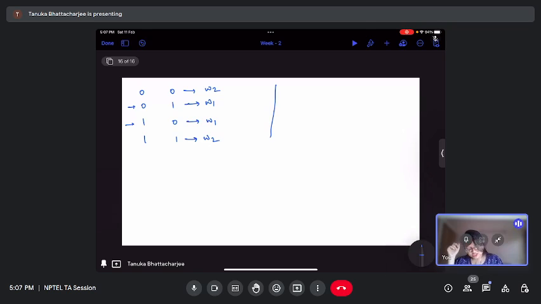So, let us check if these are linearly separable by plotting this again. x1, x2: 0, 0 belongs to class omega 2, 0, 1 belongs to class omega 1, 1, 0 belongs to class omega 1, and 1, 1 belongs to class omega 2. So, the diagonally opposite elements belong to the same class.